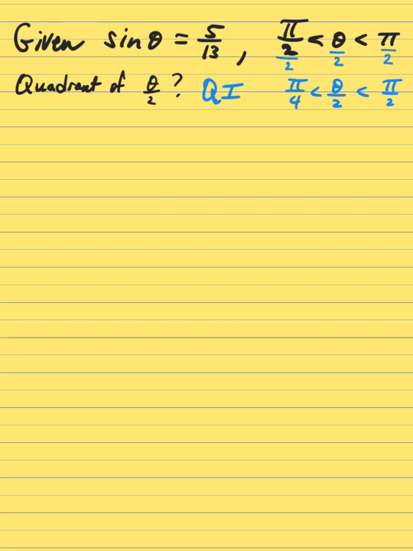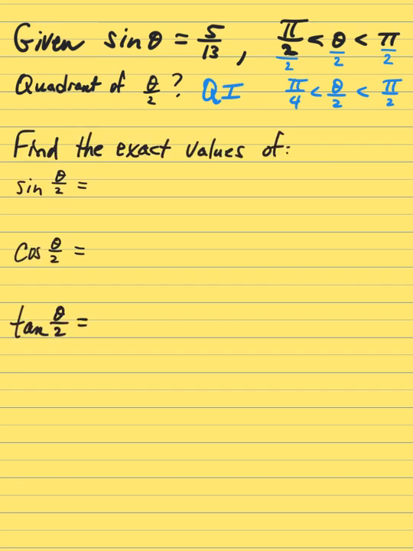Then we're asked to find the exact values of sine, cosine, and tangent of that half angle. Well, let's use the information given to sketch a diagram. Sine theta is 5/13, and it's originally in quad 2. Again, I'm not going to worry about drawing to scale.